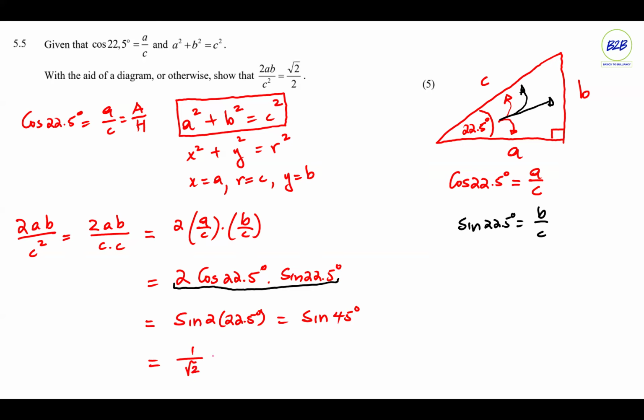We rationalize that. You can just say root 2 over root 2. You press your calculator. Root 2 times 1, root 2. Root 2 times root 2, 2. And voila, you have your final answer.